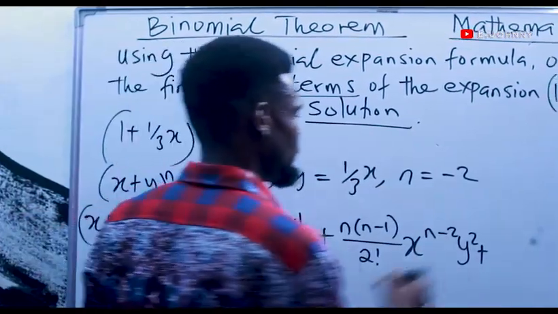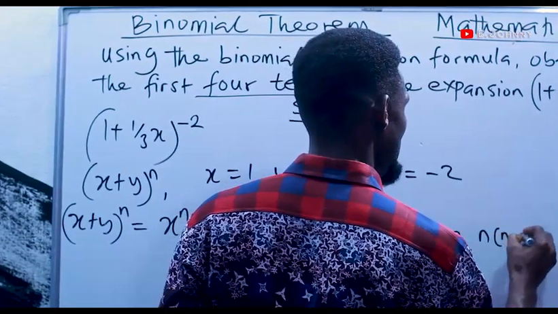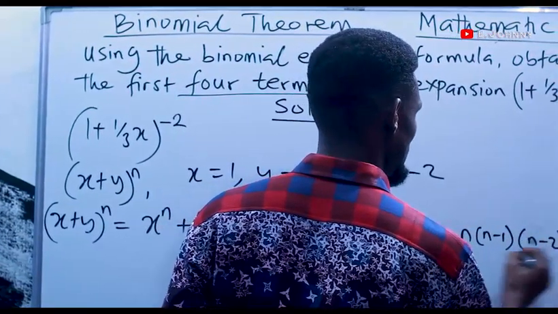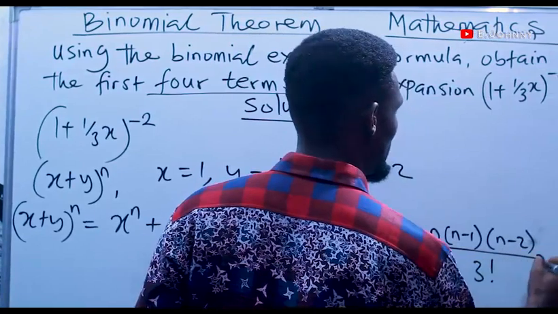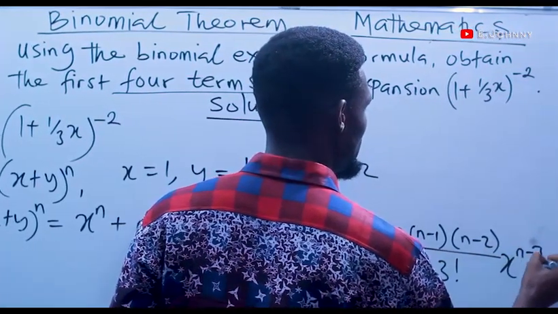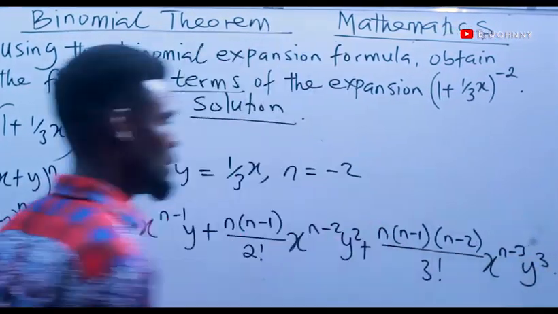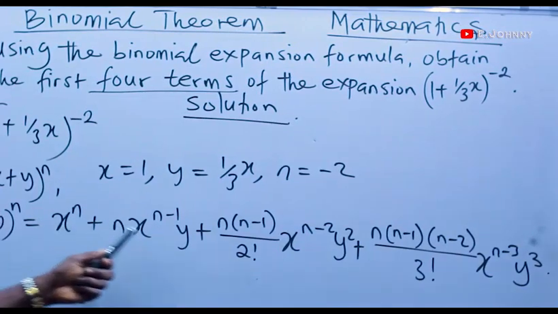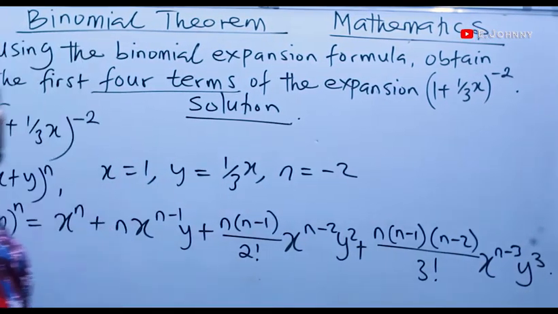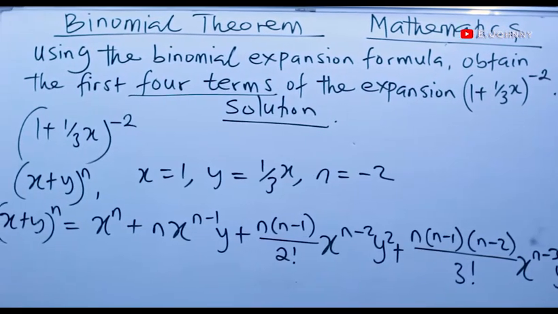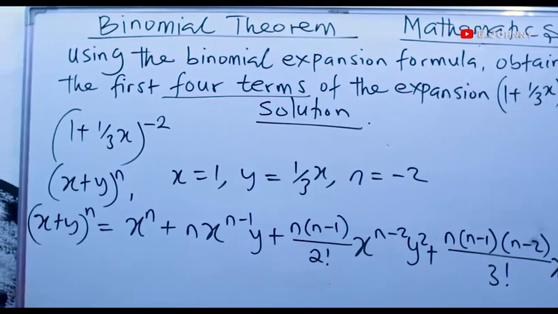The fourth one will be n into n minus 1 into n minus 2 all over 3 factorial x raised to power n minus 3 y raised to power 3. That is 4 terms.